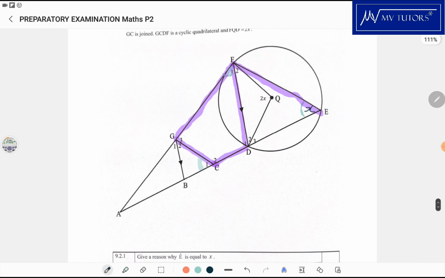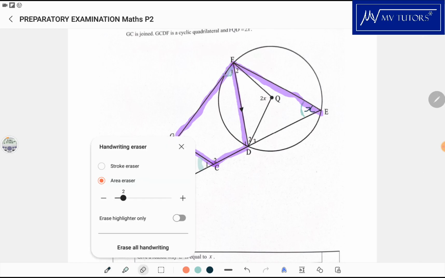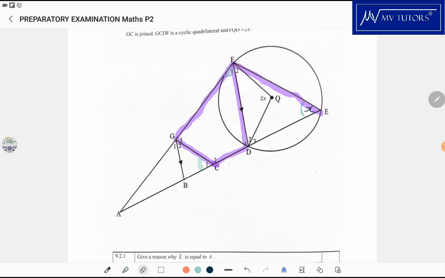Now, if I rub all of this out so that you can see it properly, because now it's all dirty, I want to be left with the original parallel lines. Now, if you look at that, we have established that C1 is X as well.